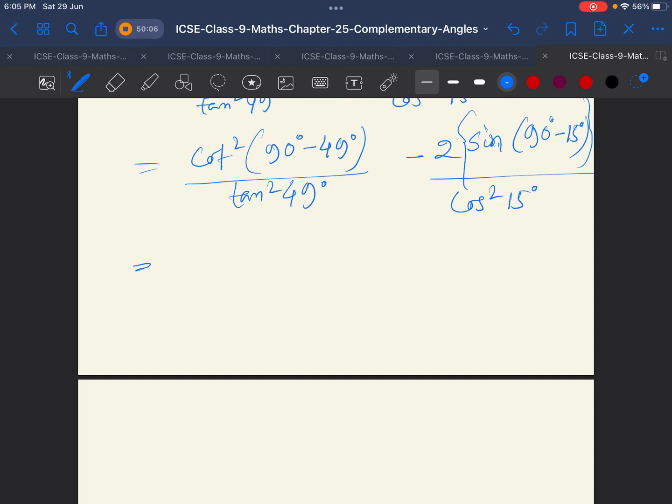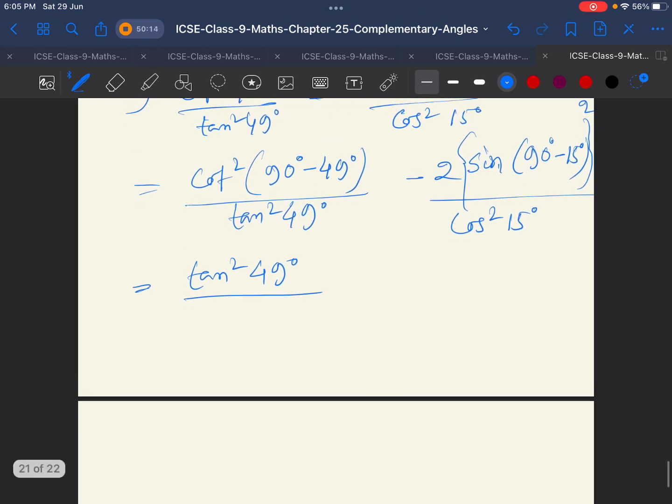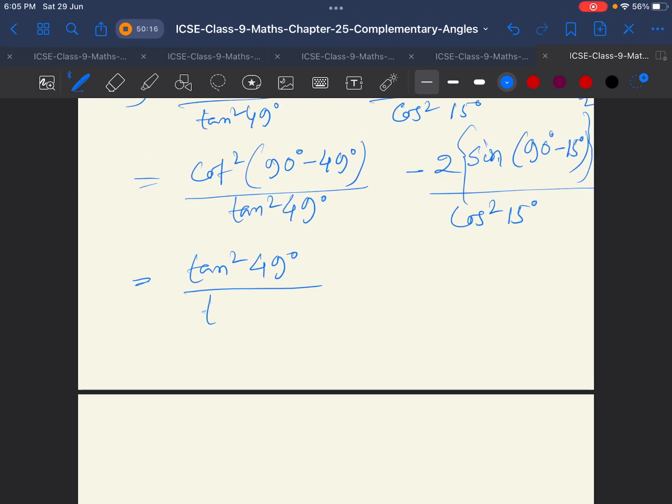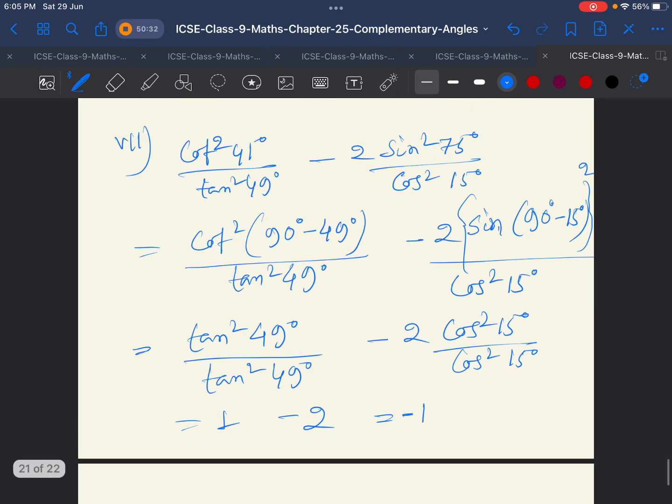So here we can write cot (90 minus 49) is tan, so tan square 49 degree by tan square 49 degree minus 2, you can write cos square 15 degree by cos square 15 degree. So this term is 1, this is 2, this is minus 1.